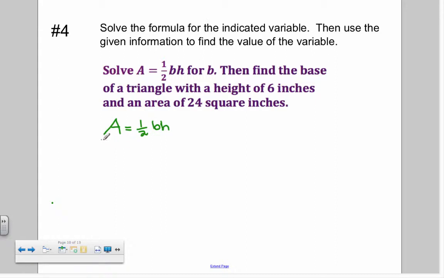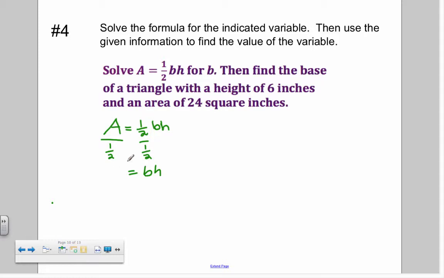So the first thing I'm going to divide by is 1/2. Okay, so on this side of the equation, 1/2 divided by 1/2, well, that's just 1. So I'm really just left with BH. On this side of the formula, I have A divided by 1/2.